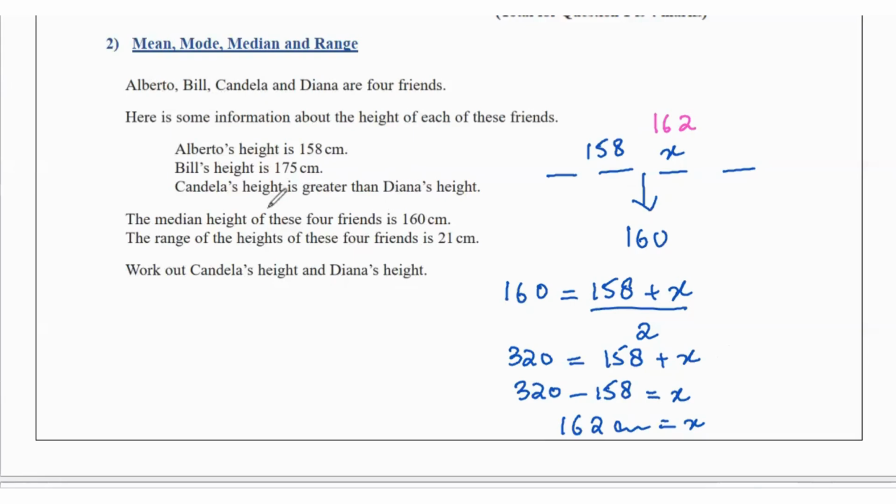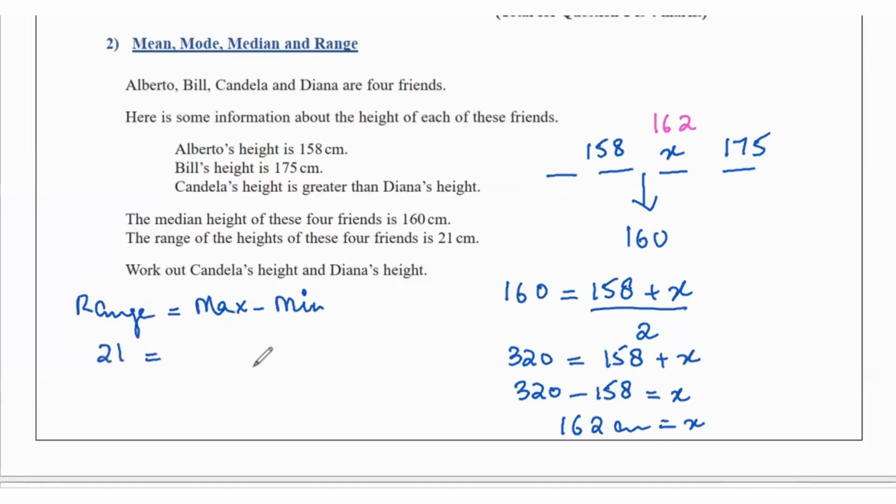Now they told us that Bill's height is 175. If 158 is over here and 160 is over here, which means 175 is going to come over here. And the reason for that is I'm arranging the heights in ascending order. So we're starting from the smallest and going to the biggest. For the smallest height, they told us that the range is 21. Now range is the difference between the maximum and minimum value.